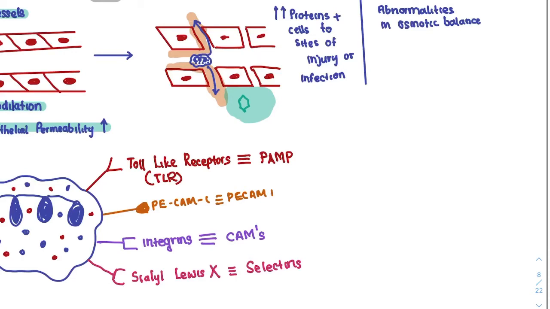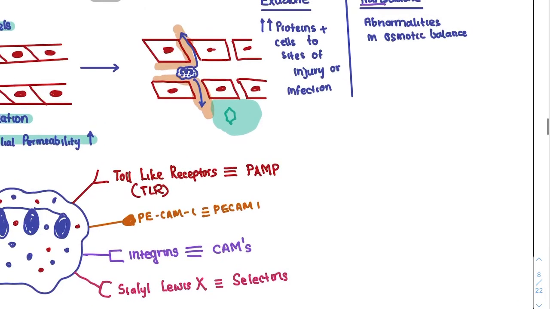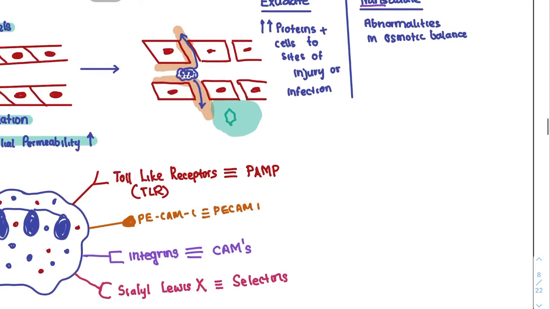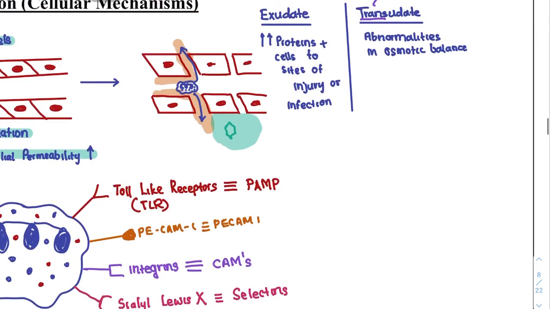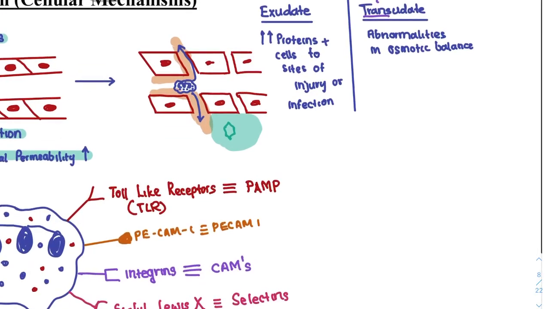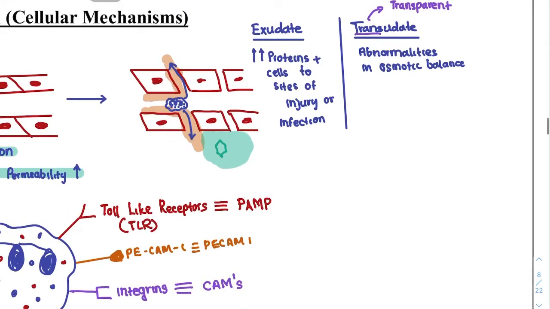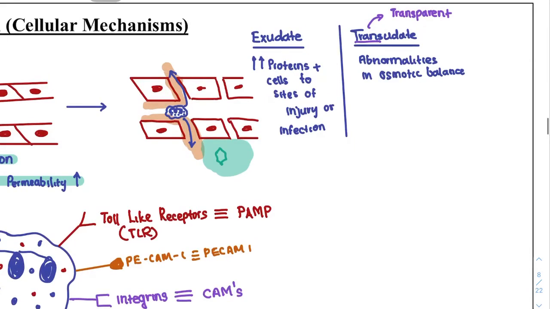So this fluid is a very protein-rich fluid. It has a lot of proteins plus cells, so therefore this is called an exudate. If you were to look at it, you will see it is whitish, it's colored.